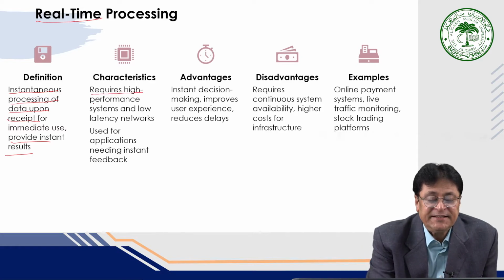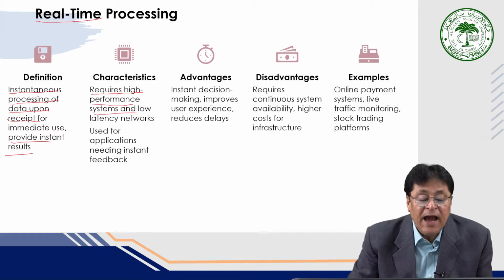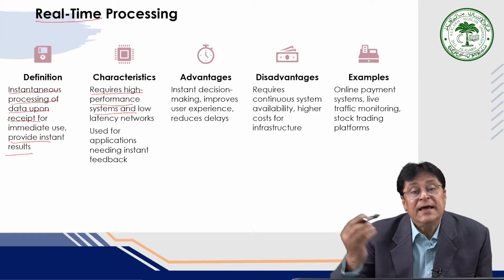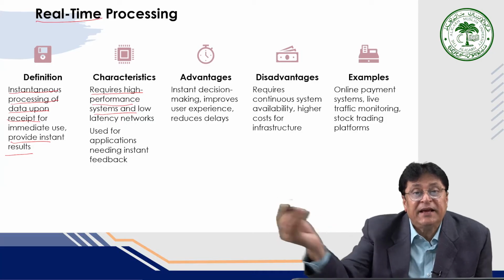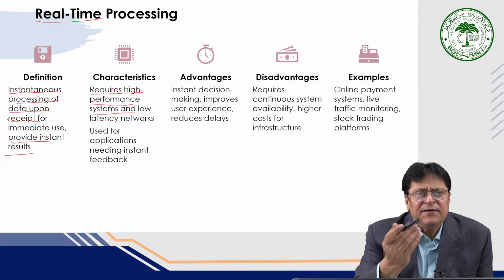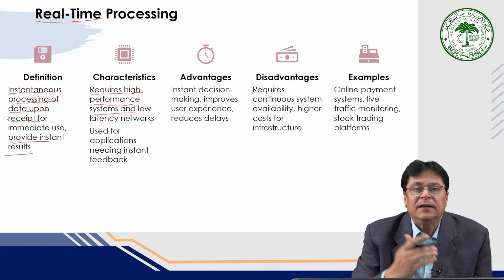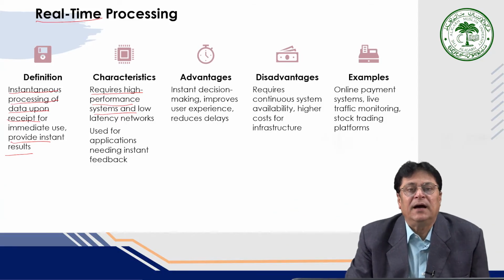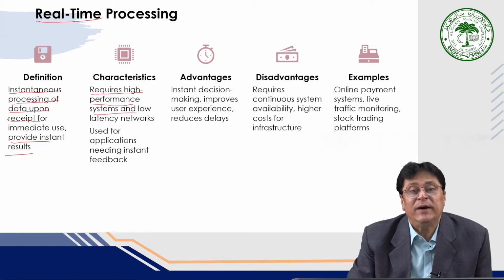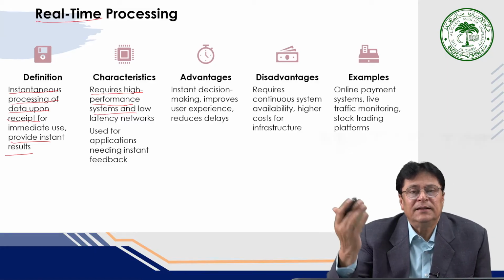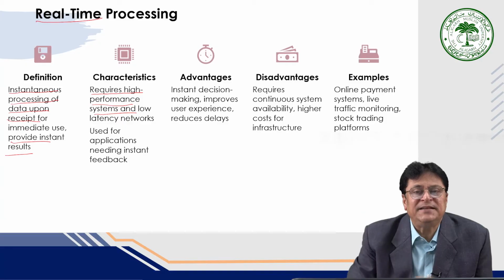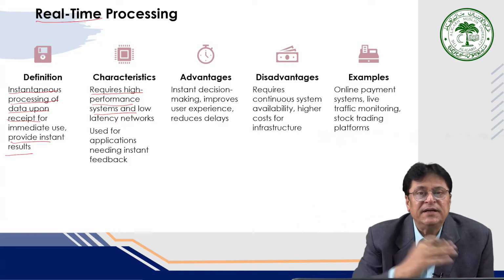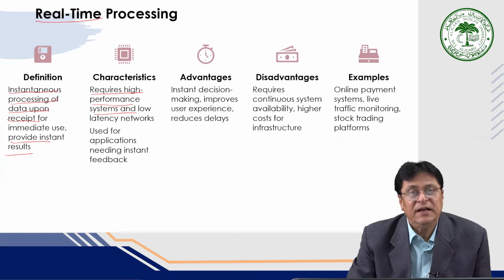What are the characteristics of this real-time processing? It requires a high performance system because data is continuously coming, right? Say for example, in a cricket match, when live matches are transmitted. So what happens? The entire match is being recorded, and video data comes in real time and we watch it on television.